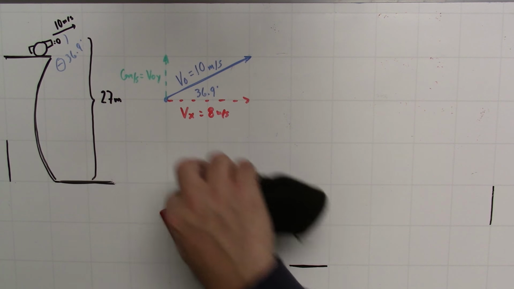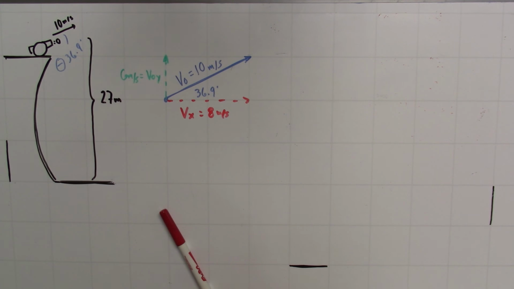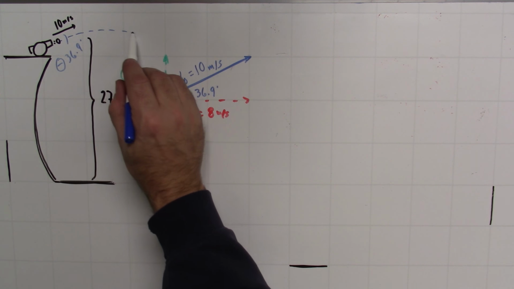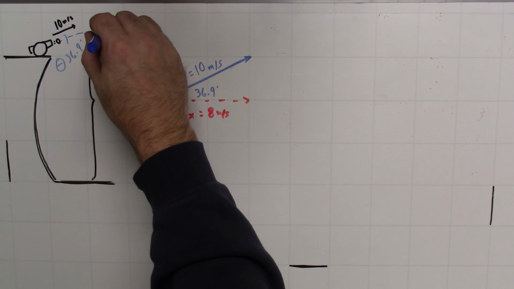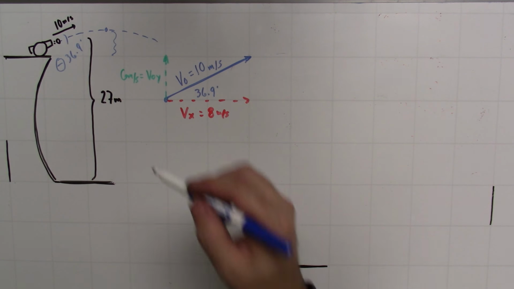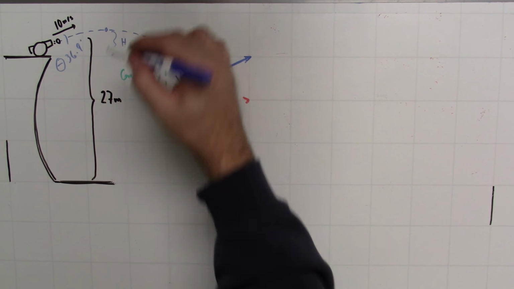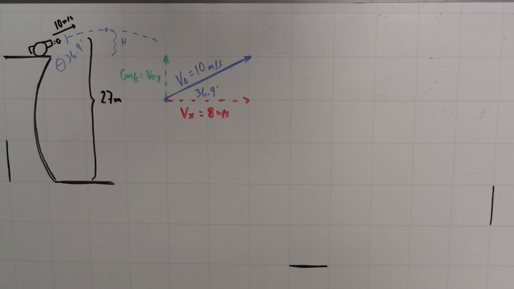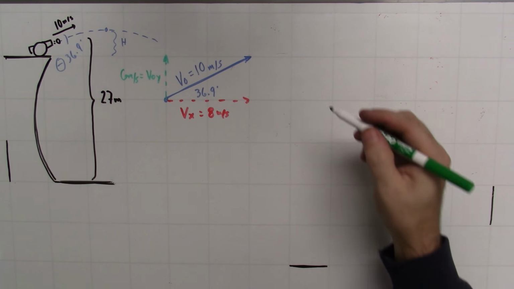How are we going to find the maximum height above the cliff? Well, once it leaves the cannon, the ball will take a parabolic path thusly, and we want to know the maximum height above the cliff, which we'll call h. We can break the problem up into its horizontal and vertical pieces, and here we only need the vertical piece.